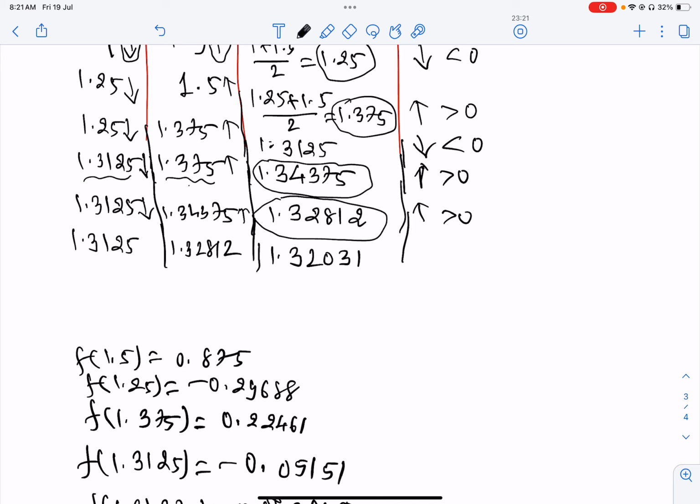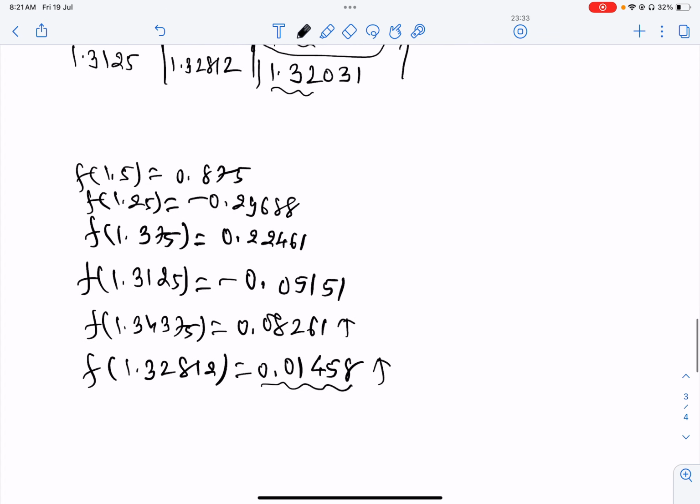Okay, and now you can see that the two decimal digits are approaching equal, so we can even find the value at f of 1.32031, and that is, using the calculator, negative 0.01871, and it is negative.